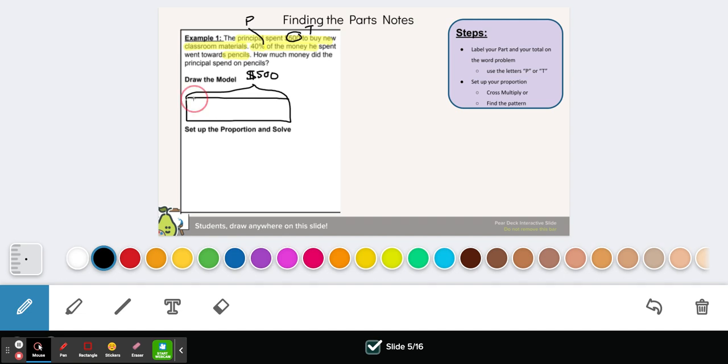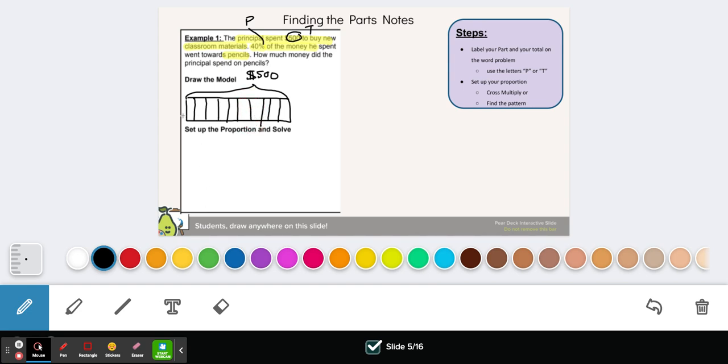So we can split this up into, let me see, yeah, we can do 10. So 1, 2, 3, 4, 5. 1, 2, 3, 4, 5.